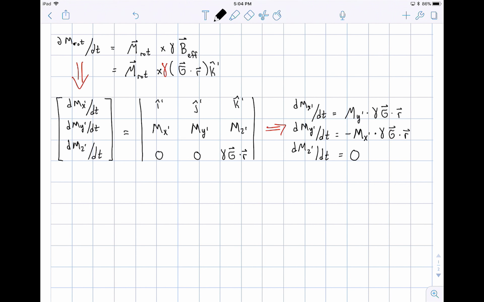This system of equations that we have right now, I said this before, looks a lot like free precession in the lab.